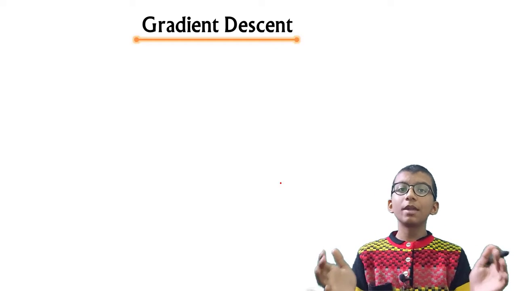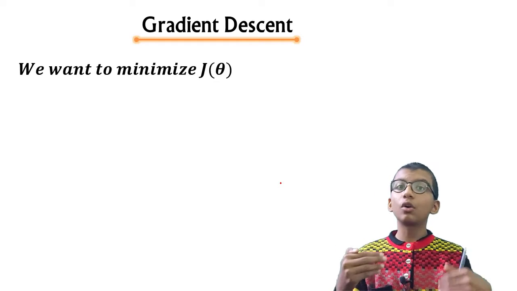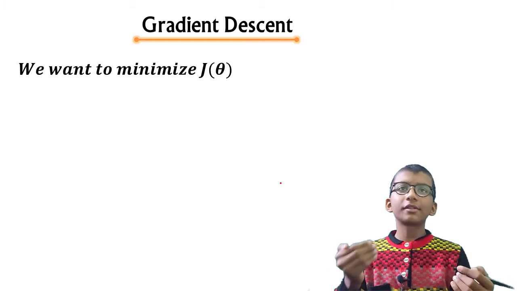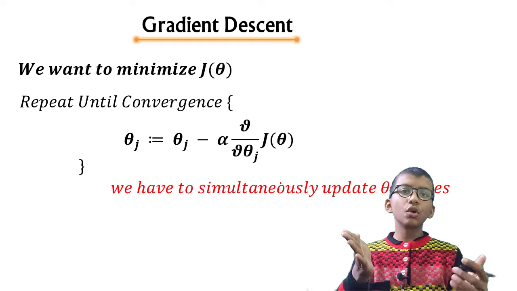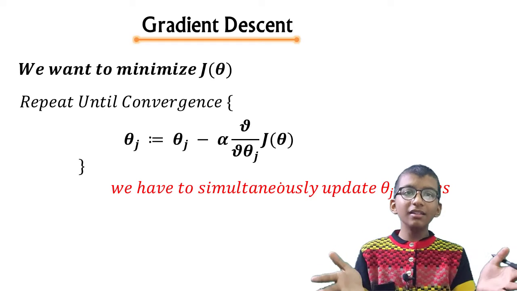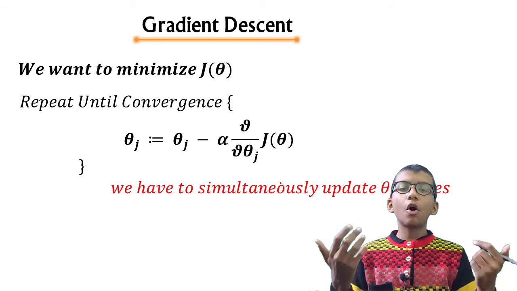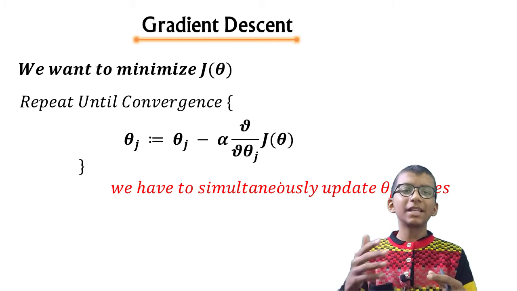So here we want to minimize our j of theta, which is our goal, and the gradient descent equation looks something like that. We have to repeat until we get an optimal theta, a best fit theta.